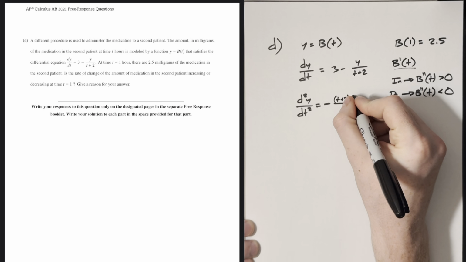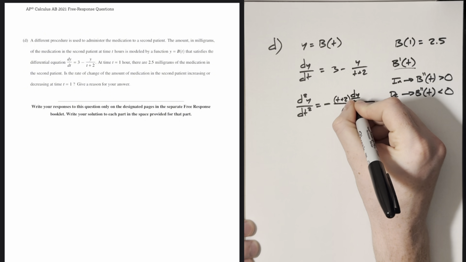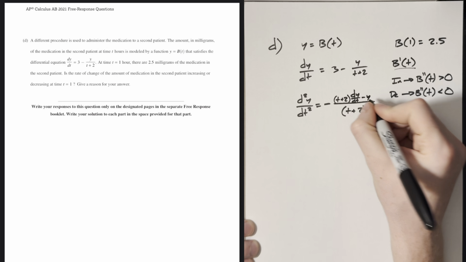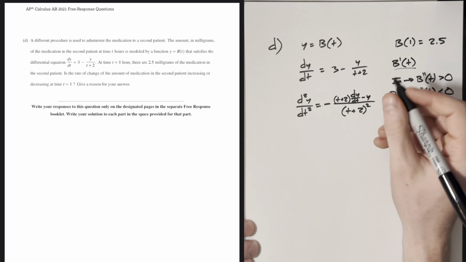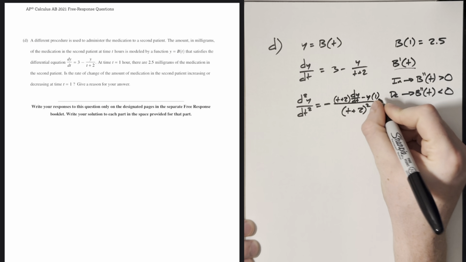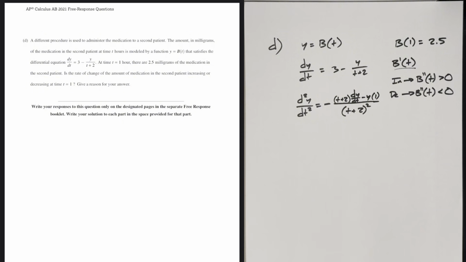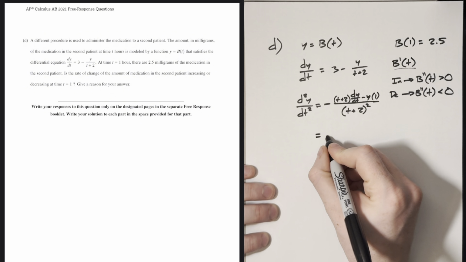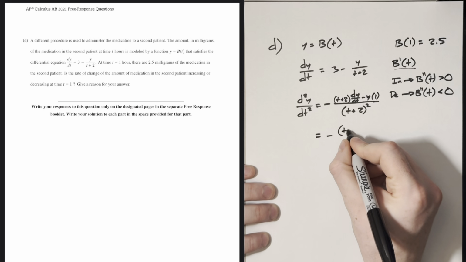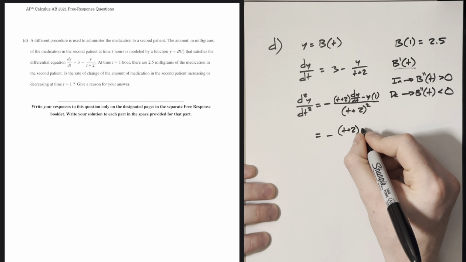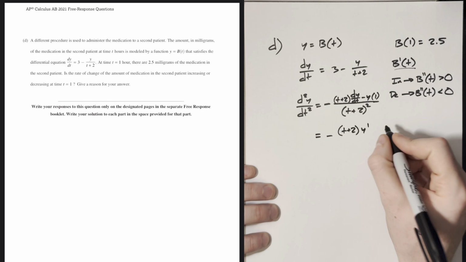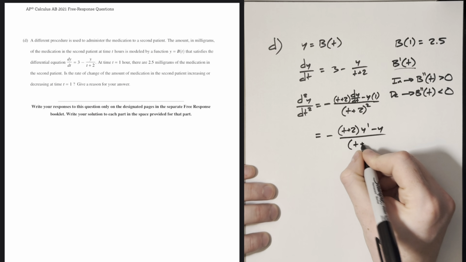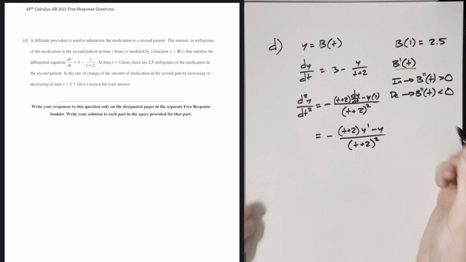The derivative of y is dy/dt, minus the top, which is just y, times the derivative of t plus 2, which is just 1. So simplifying this out, my second derivative is negative (t plus 2 times y prime, minus y) divided by t plus 2 squared.